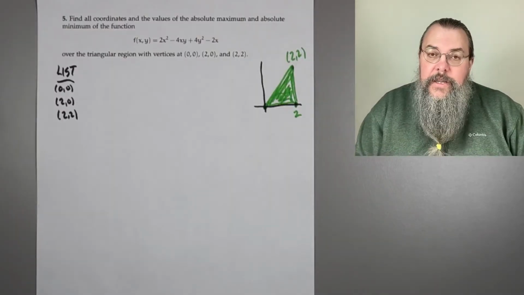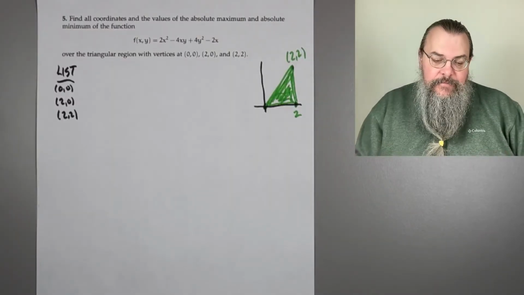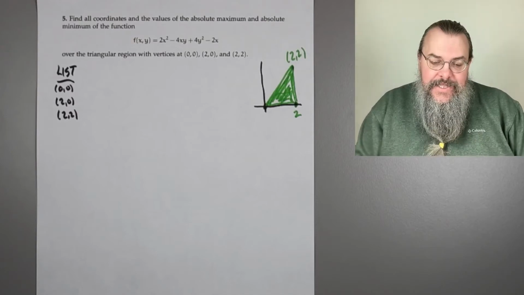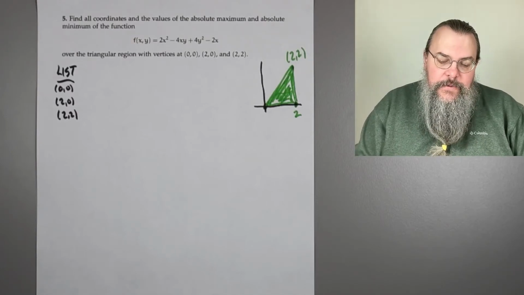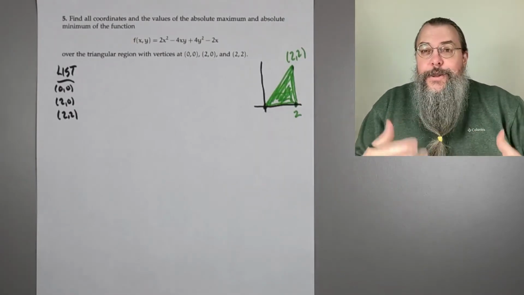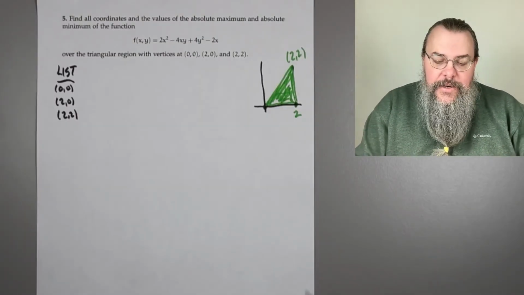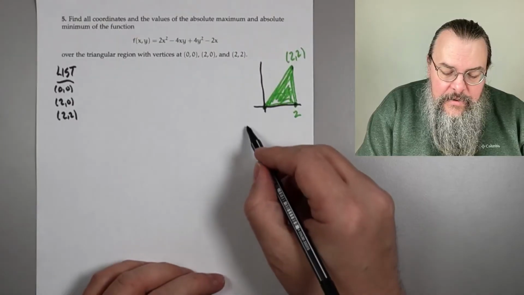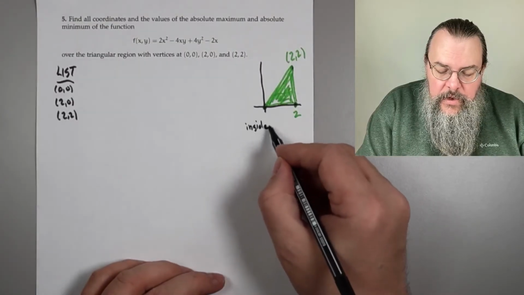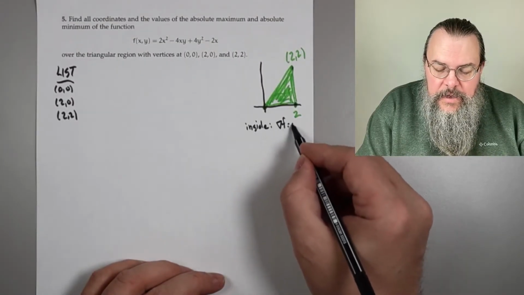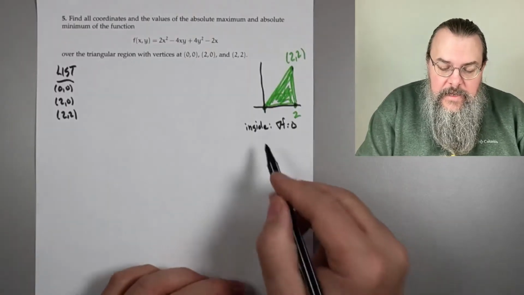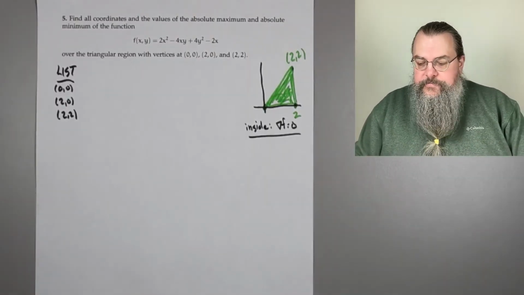All right, what comes next? Well, let's talk about the inside. If we're looking for the inside, that says we're looking for a place where we have a local min or a local max. So that's the place in particular where on the inside, we're going to search for the gradient equals 0. Okay, so let's do that.